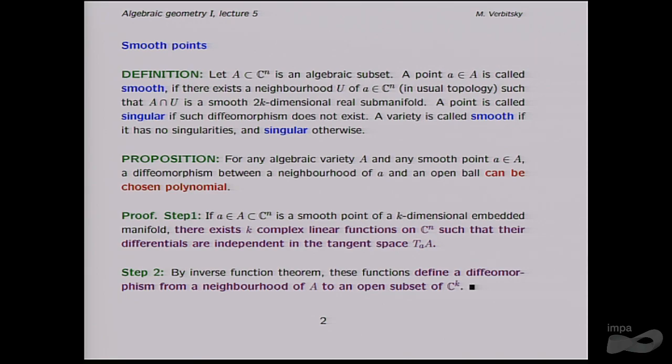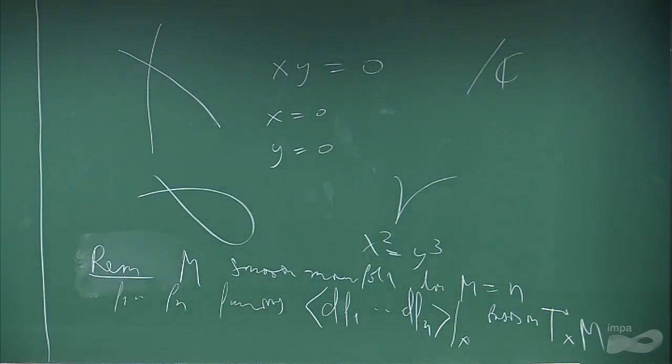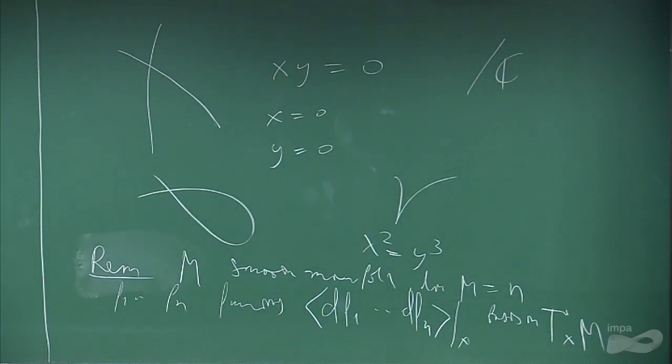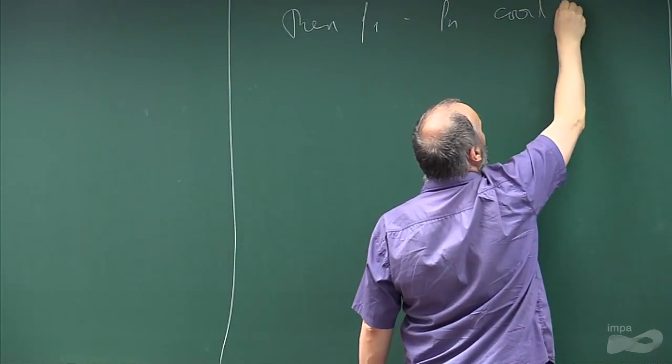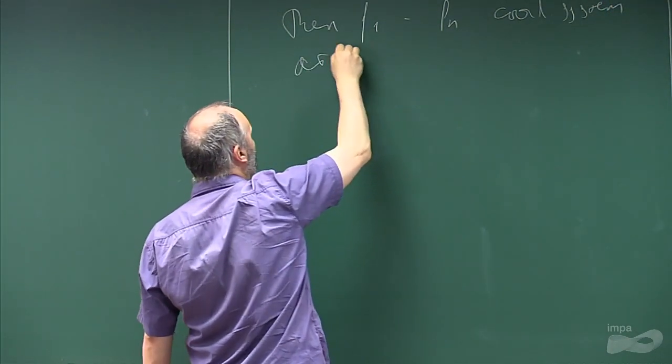So they're independent and generate the whole cotangent space. In that case, f1 through fn is a coordinate system at the point x in M.